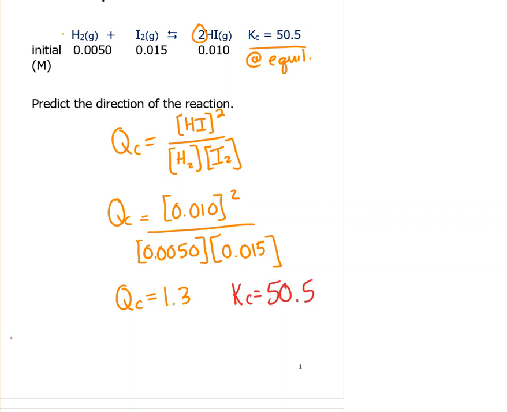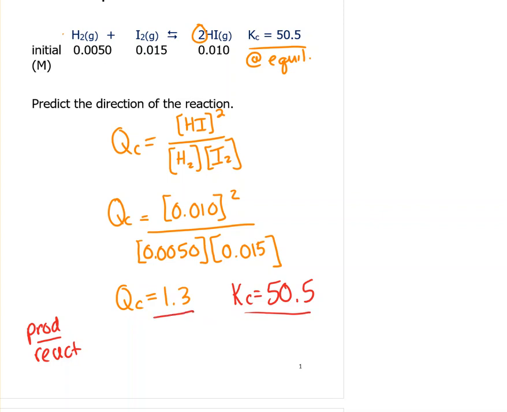And then we'll remember that the equilibrium constant and Qc are both products over reactants. And since the Kc obviously has more product, it's a larger number, so it must have more product and less reactant.